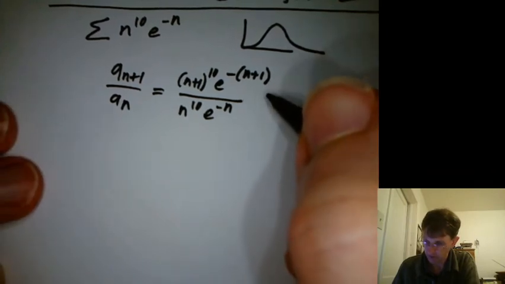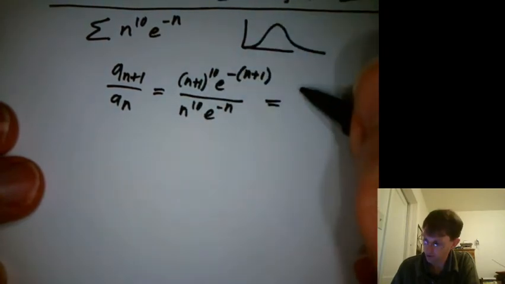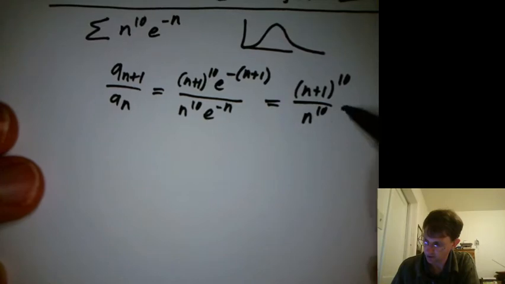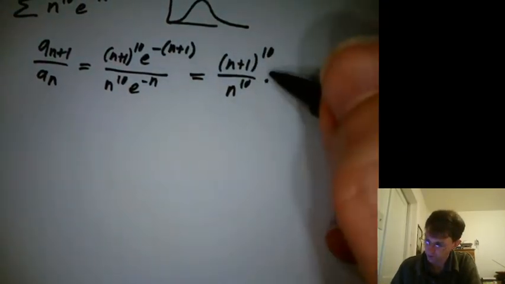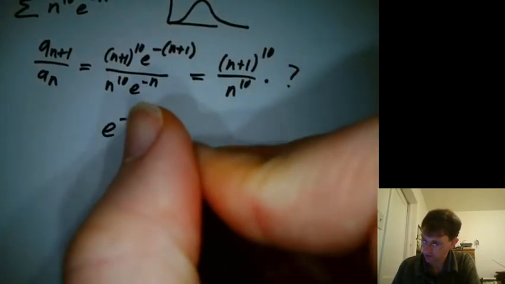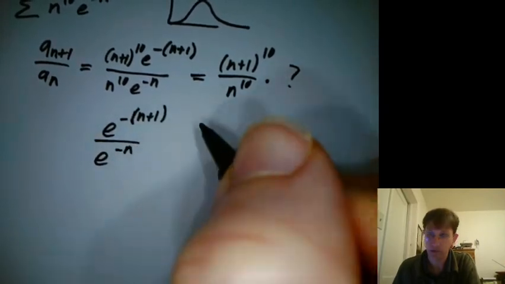And then let's simplify that. We'll just write this first factor all by itself, n plus 1 to the 10 over n to the 10. And then what do we do with this part? Let's do a side computation there. We have e to the minus n plus 1 over e to the minus n.